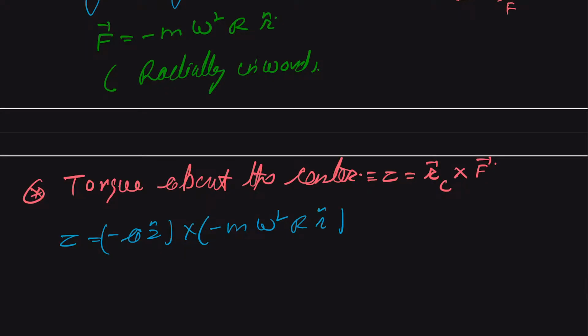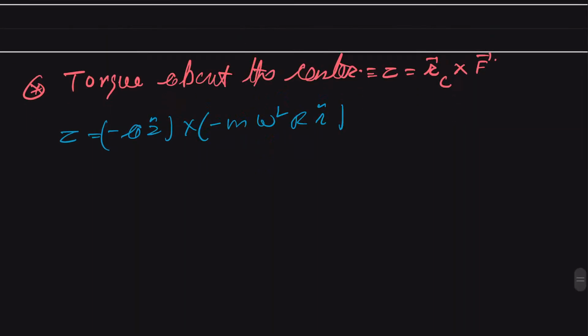This comes as Z cross r, and Z cross r we know is already our phi, we have defined it at the starting.